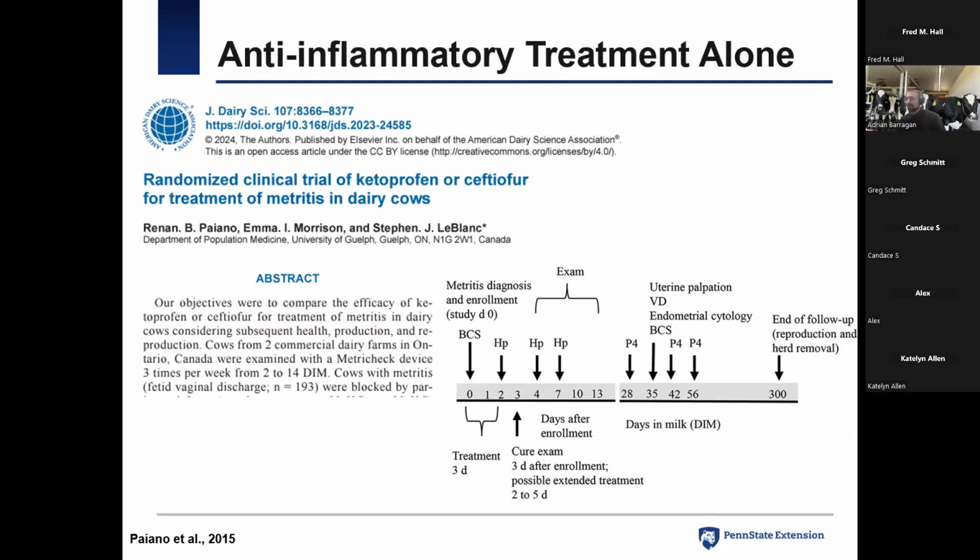Here's the experimental design outlined from the study. They did the diagnosis, and they did treatment for 3 days, either with the anti-inflammatory that they picked, ketoprofen, which is a non-steroidal anti-inflammatory drug, or ceftiofur, right, a cephalosporin antibiotic. And they did it for 3 days. And then they measured a number of things: haptoglobin, cure rate, milk production, and culling rate, and others.